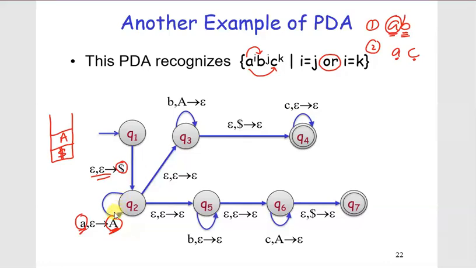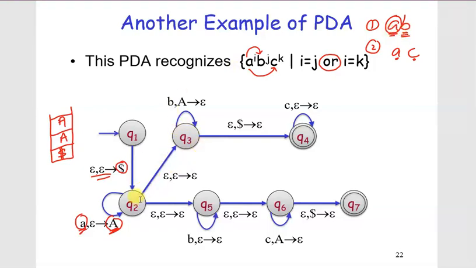For example, if we read 2 A's, we push 2 capital A's into the stack. For the first case, we need to count how many A's, so that we can also count how many B's. The number of A must be equal to the number of B.